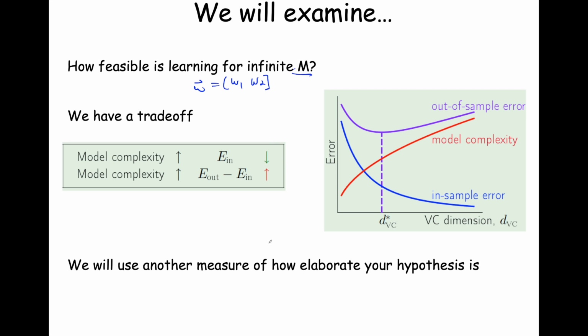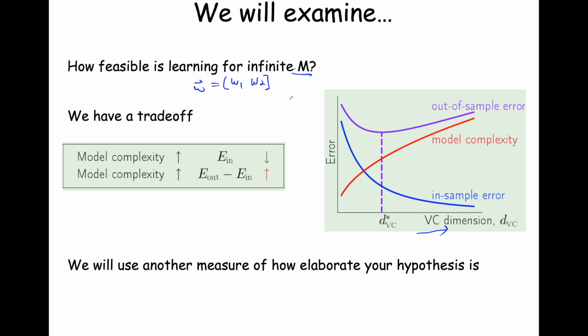We'll do that with a complexity measure, and as this complexity measure gets larger in this graph, going to the right, our hypothesis set is more expressive. It's more complex. This notion of a bigger M has a really large size.